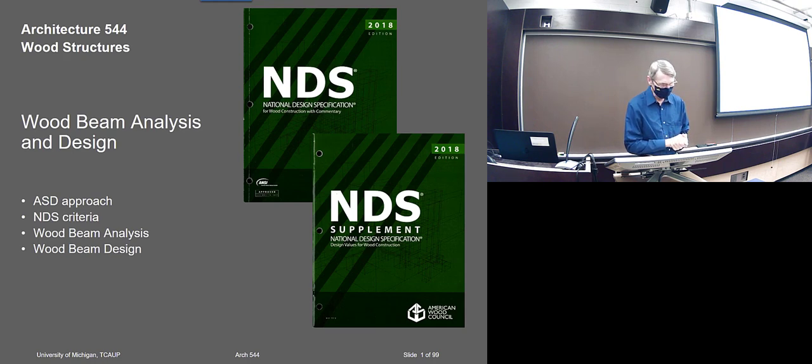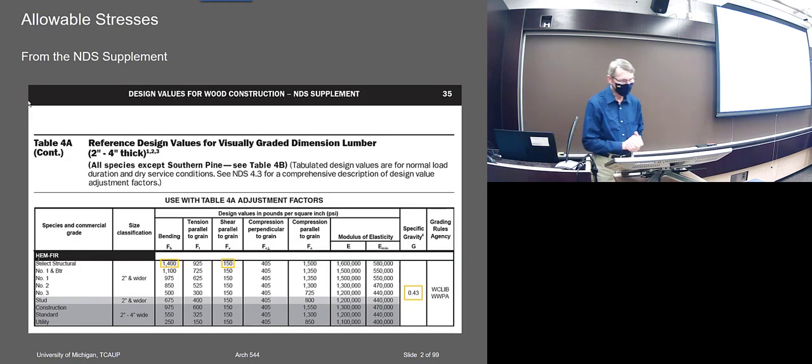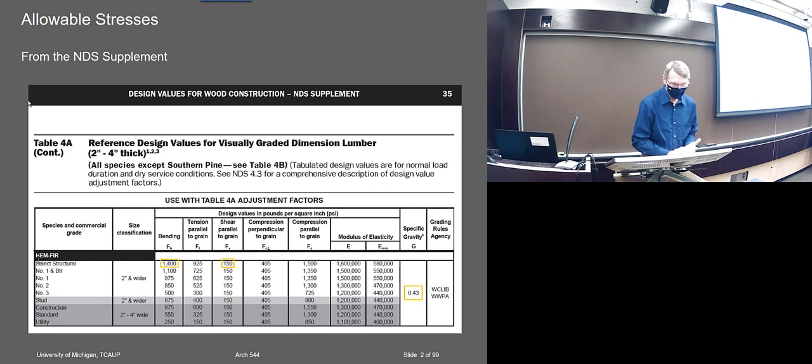And see what the NDS has to say about beams. To start with, it is an ASD approach, and the basis of the allowable stress is in the supplement, this little guy here.